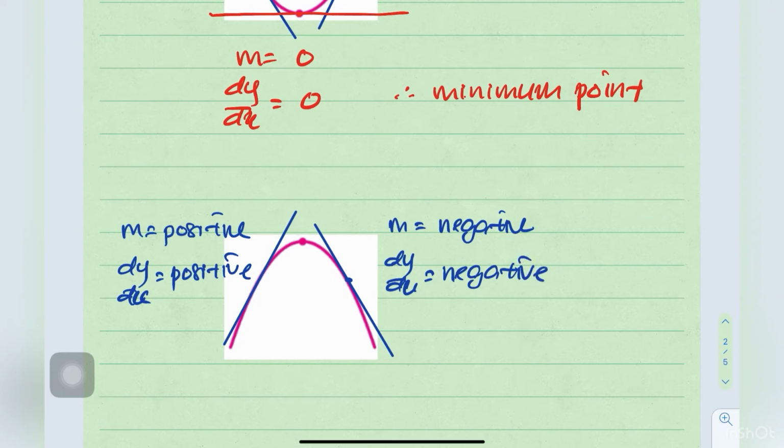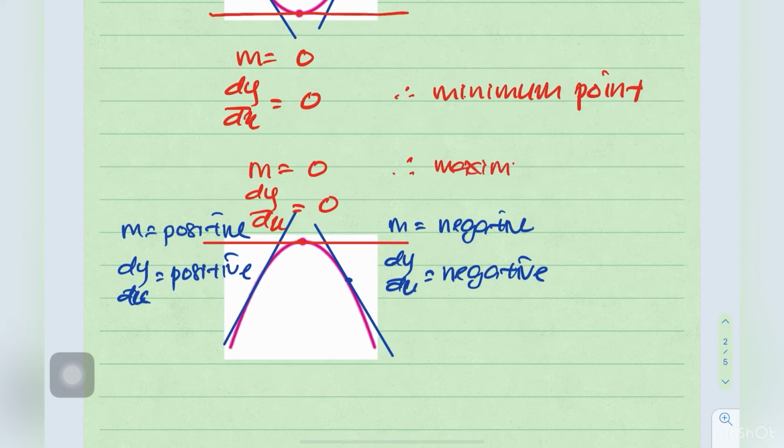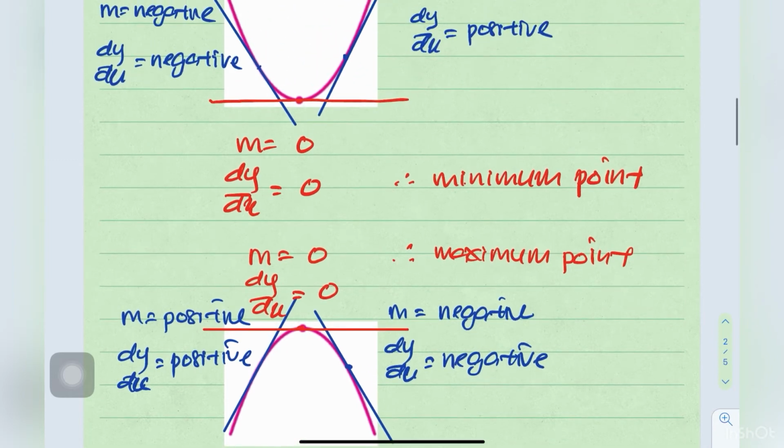At the maximum point, we draw a straight line tangent to the maximum point, like this. The gradient m is 0, meaning that dy/dx equals 0, because it is parallel to the x-axis. In this situation, it is a maximum point.